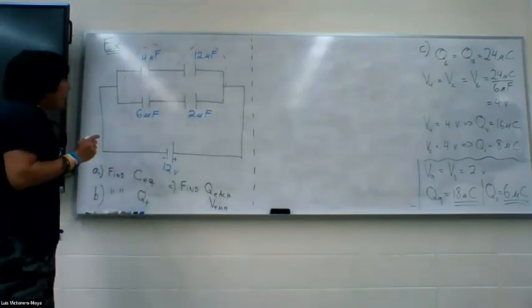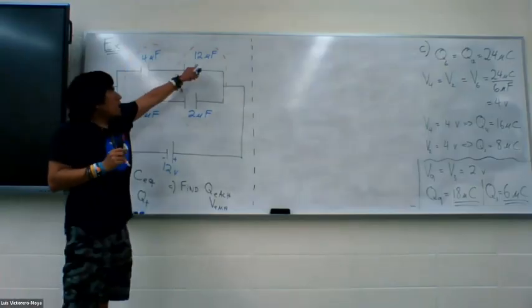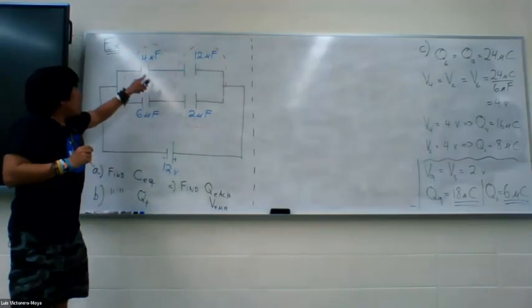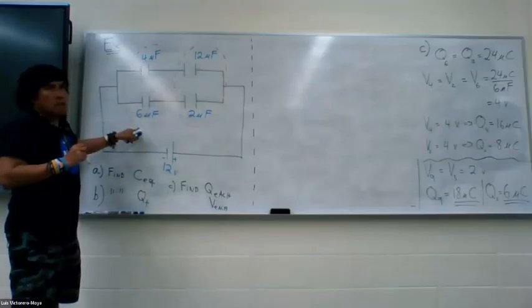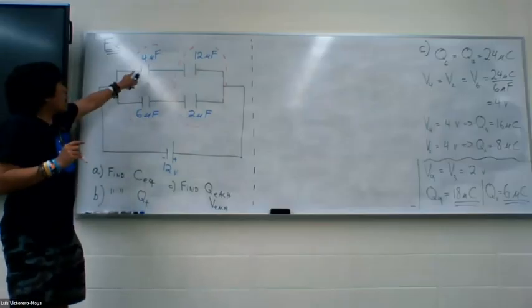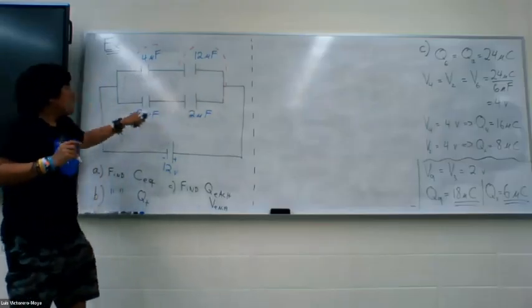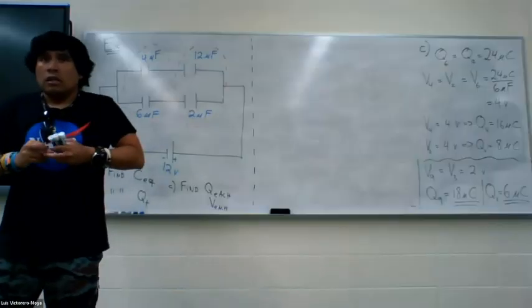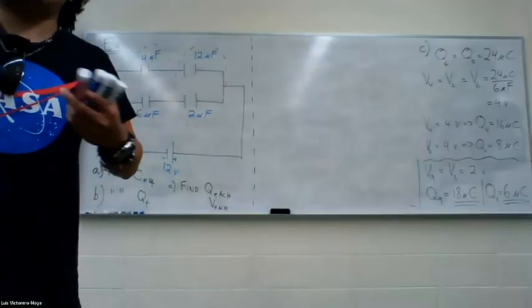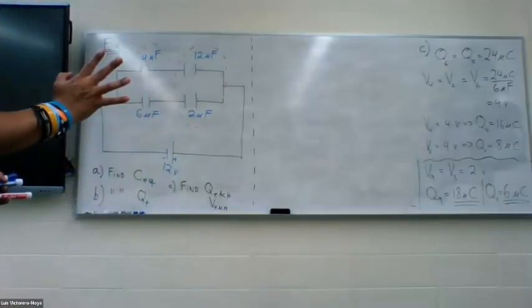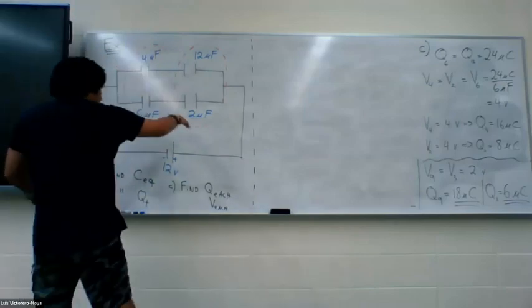If you try to say that these are in parallel and these are in parallel, before realizing that these are in series, then you will get a wrong answer. And I've seen this a few times, it happens. So be careful. That's not correct.